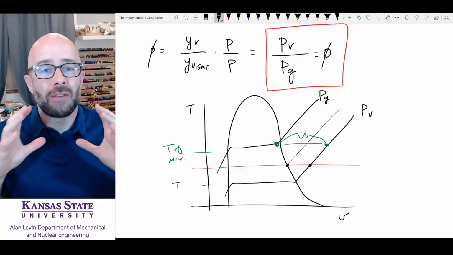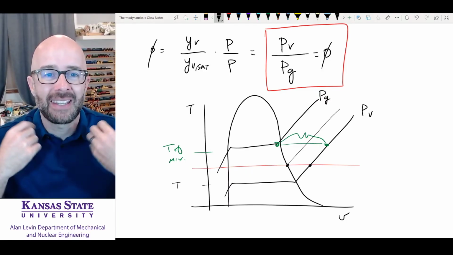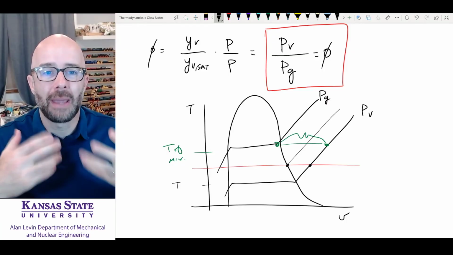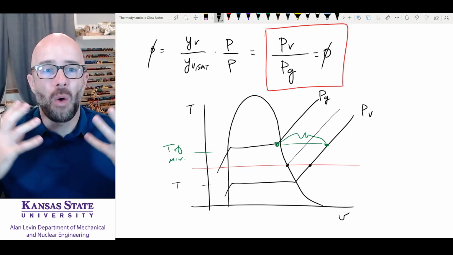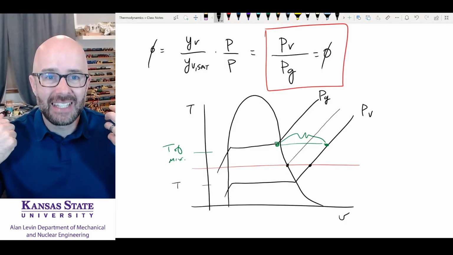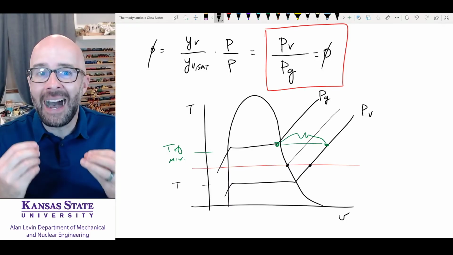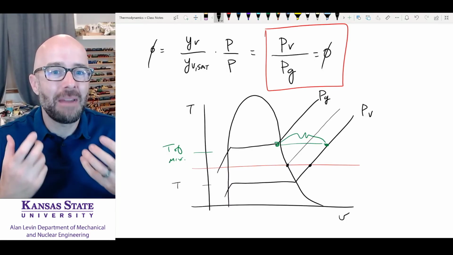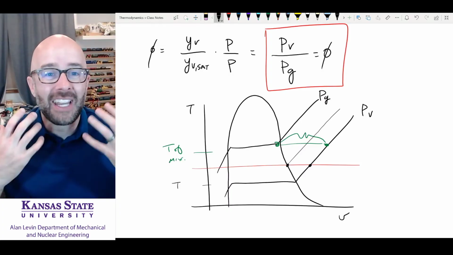Okay, now, if relative humidity is low, that means that the air can accept a lot more water vapor in it. So if you have 10% relative humidity outside, you're like, wow, that air can accept a lot more water vapor. Okay, if it's very high, if you have 98% or 95% relative humidity, that air cannot accept a lot more water vapor.